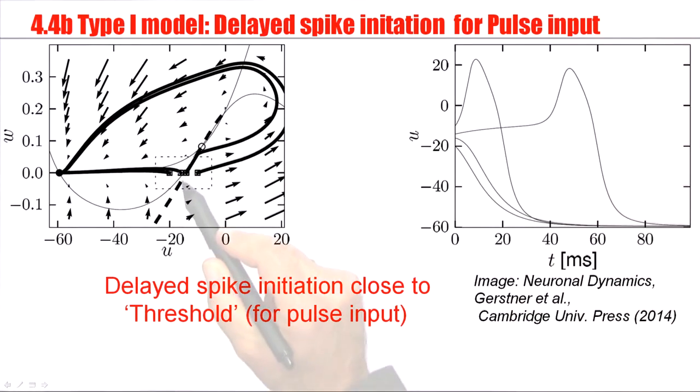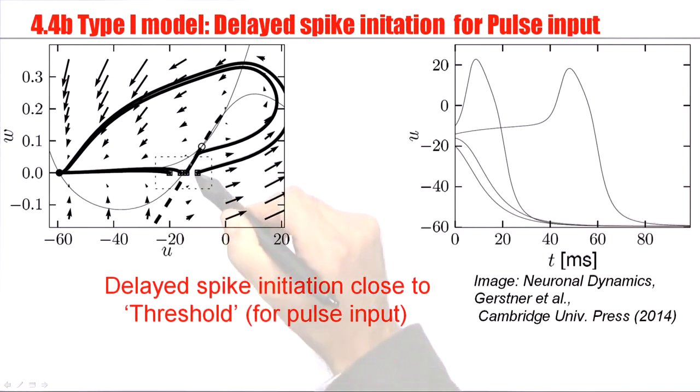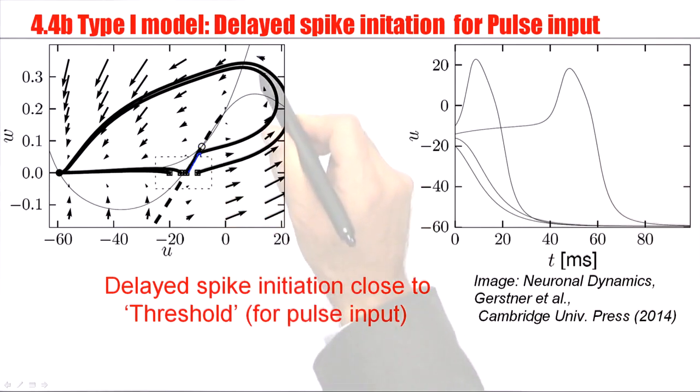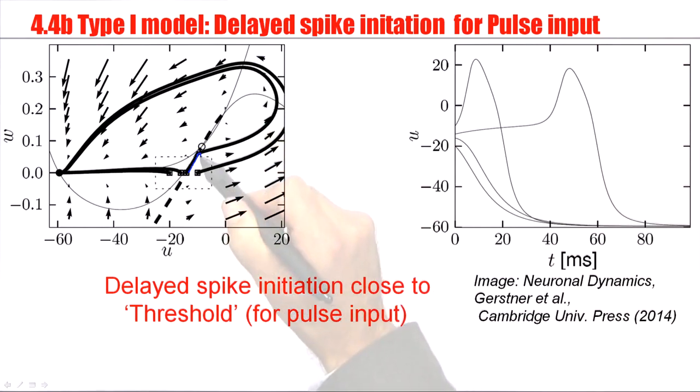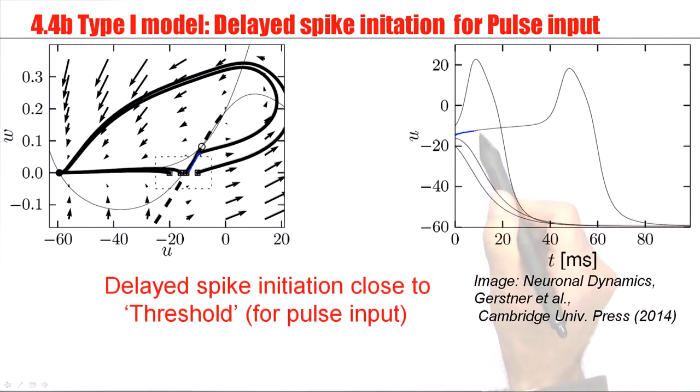We are now very close to this threshold, to the separatrix, and if you start just on the right-hand side of the separatrix, the trajectory is first attracted towards the saddle. Remember, this is the saddle, and then it makes the large detour. This movement here is very slow, and this slow movement gives rise to the delayed spike initiation.